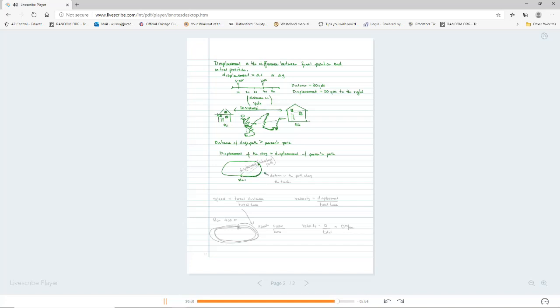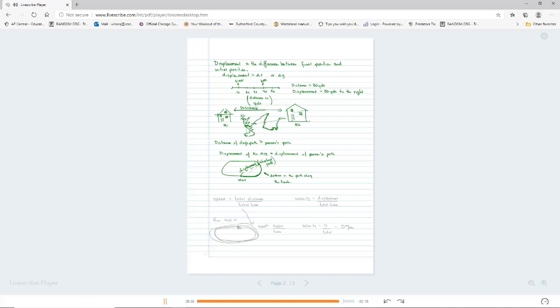So the distance is the path along the track. But displacement is going to simply be the straight line distance, the shortest path, if you will. Displacement will be our shortest path between the 2 points. Okay? So, there's distance and there's displacement.